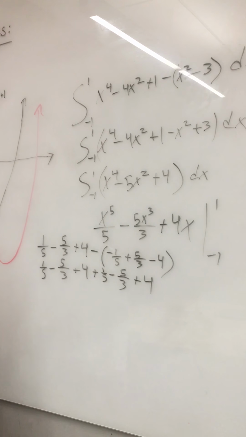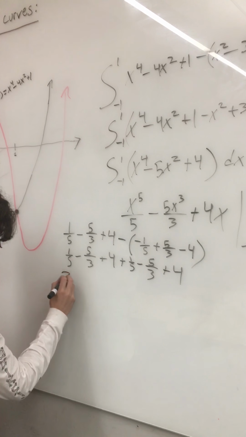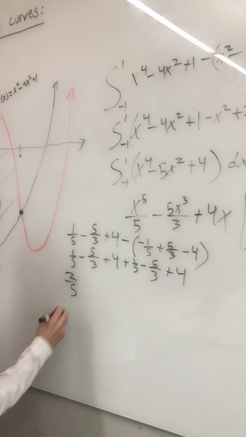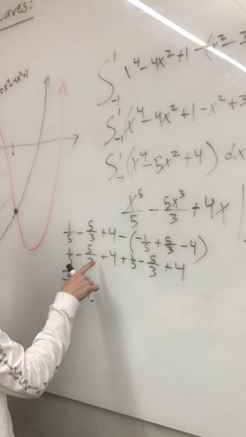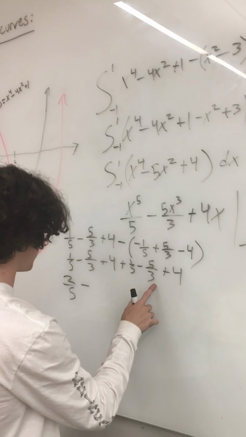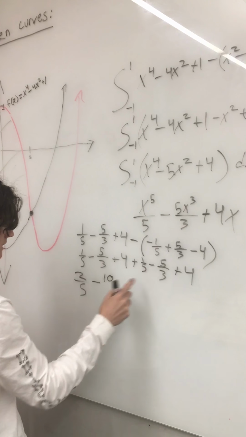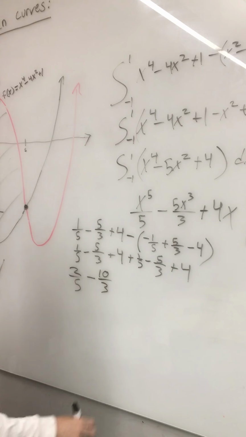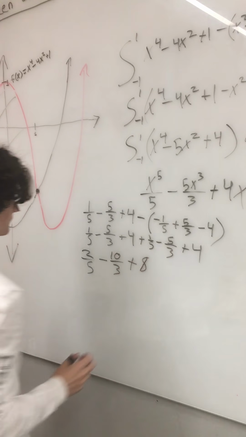Now we'll just combine like terms again. So we can combine the two 1/5 to become 2 over 5, and then we can combine the 5/3 and this 5/3, which become 10/3. So minus 10/3, and then we'll combine the two 4's, plus 8.